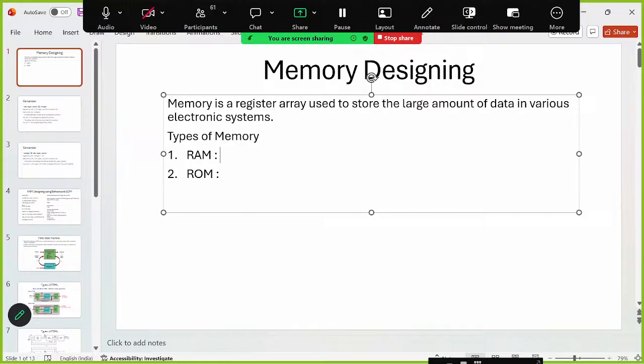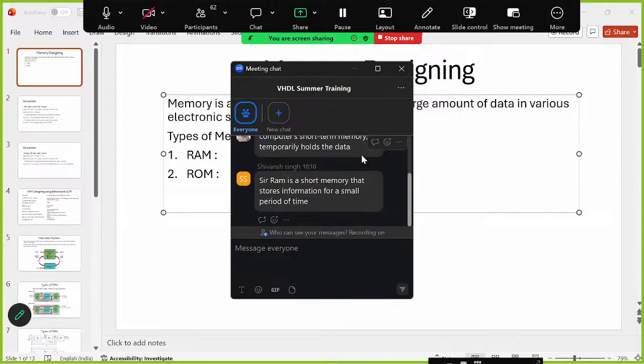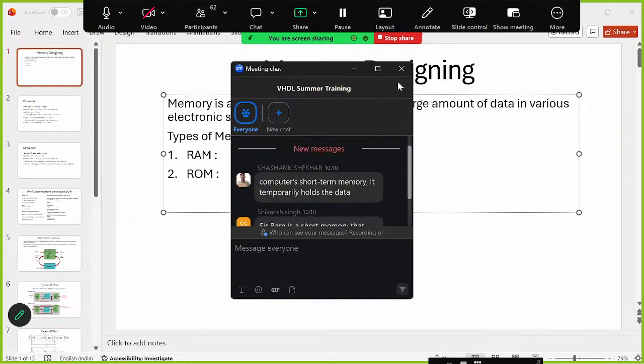Anybody? Hmm. Computer short memory. It temporarily holds the data. RAM is short memory that stores information for a small period of time. Very good, Shivansh and Shashank.